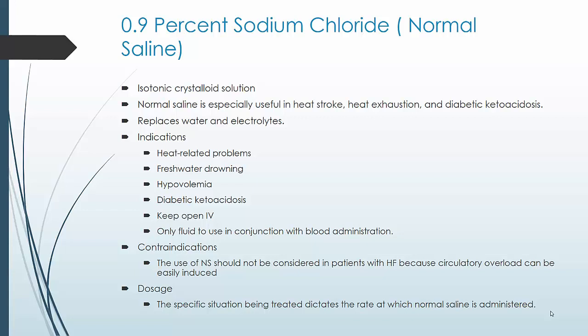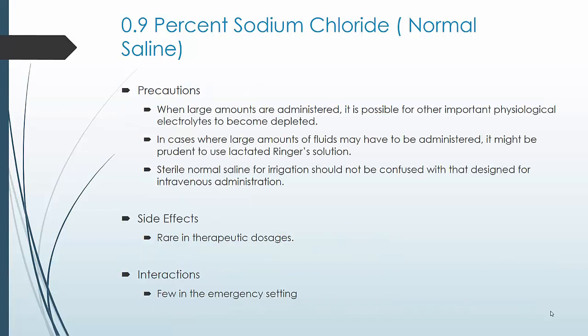So once again, it is in the acidic range, so you can absolutely hurt your patient if you give them too much of this. Your precautions: when you give large amounts, some other essential electrolytes may become depleted or essentially diluted. All right.